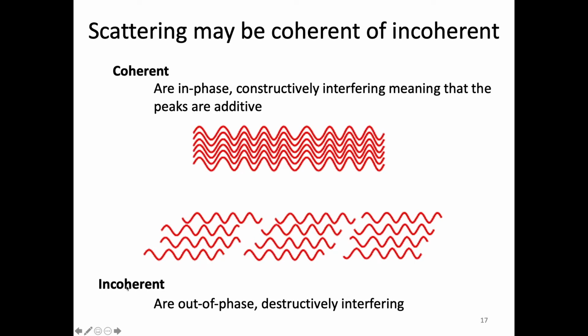The other type of scattering that we can have is incoherent. As you might imagine, if coherent was in phase, this is going to be out of phase. Instead of constructively interfering, which means the peaks add, here the interference is destructive, meaning that they are going to sort of subtract. All these waves are out of phase, meaning that the peaks and valleys no longer match up with one another.